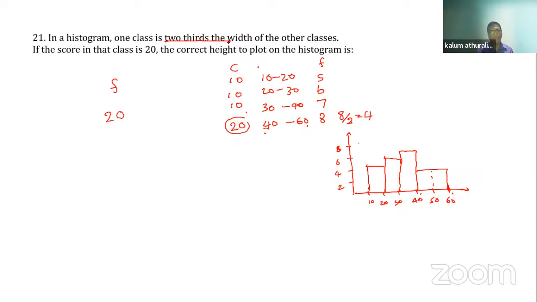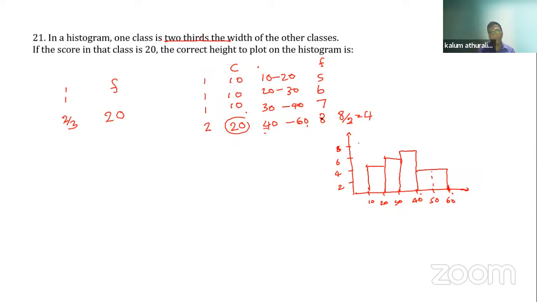2/3. One class is 2/3 the width of the other classes. Others are 1, this one is 2/3. What will we do? Same thing. Here is 1, here is 1, here is 2 times the classes.